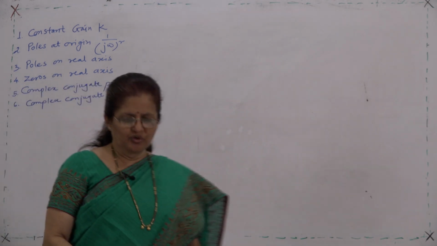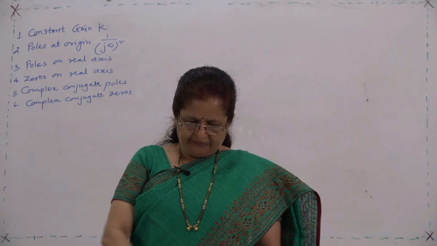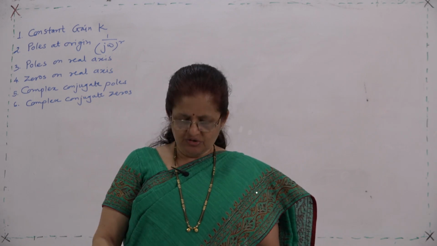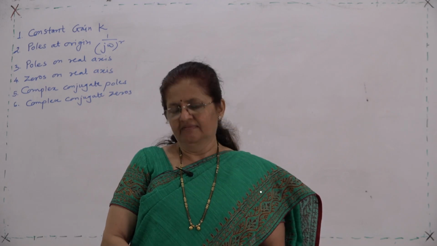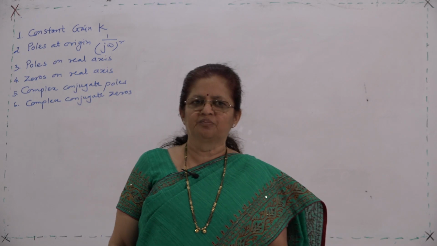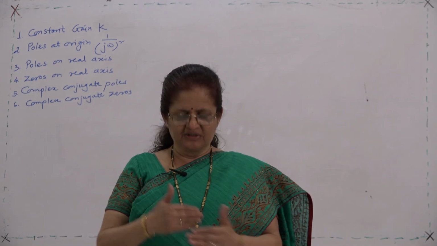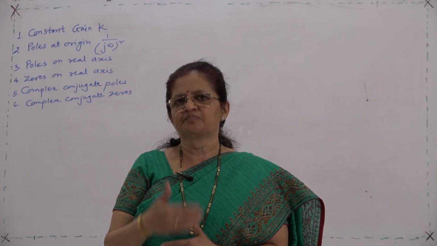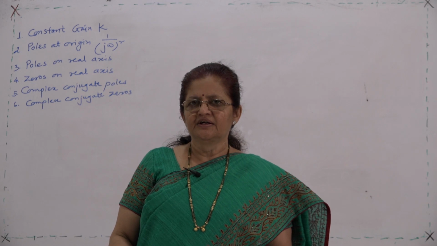Here, first we will see the complex conjugate poles. For the complex conjugate zeros, we just have to consider plus instead of minus, because zeros are at the numerator and poles are at the denominator.